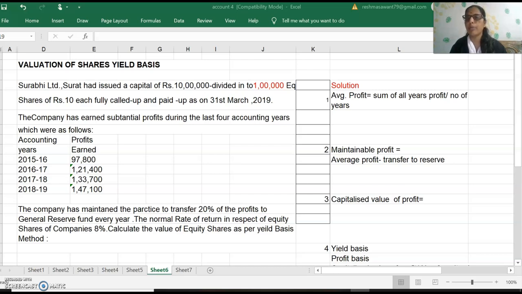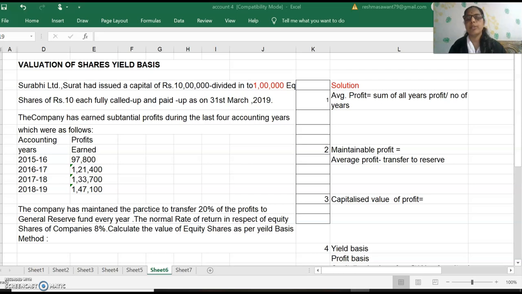That is, the calculation of average profit, which is calculated by the formula sum of all years' profit divided by number of years. Then we calculate the maintainable profit. Maintainable future profit is calculated with the formula average profit less transfer to reserve. In this question, they provide a transfer of 20% to reserve.